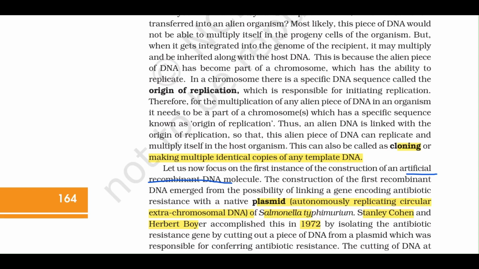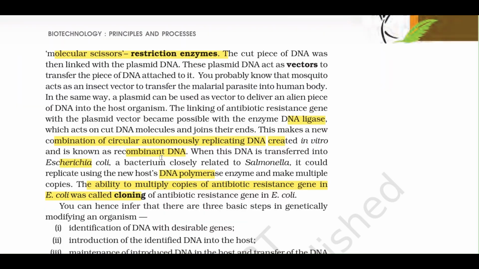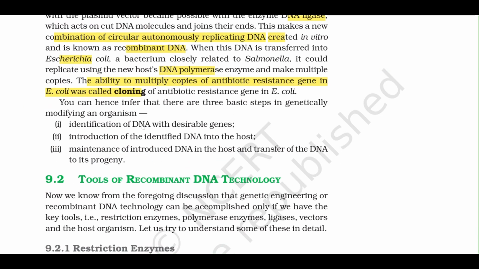Next we are discussing rDNA technology, which is based on cloning. These are the steps for producing an artificial recombinant DNA molecule. There are 3 steps: first, identification of DNA with the desirable genes, that is, identifying what kind of DNA we need to recombine. Then, introduction of the identified DNA into the host.